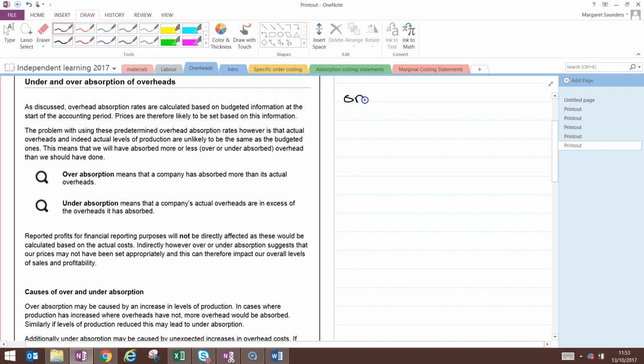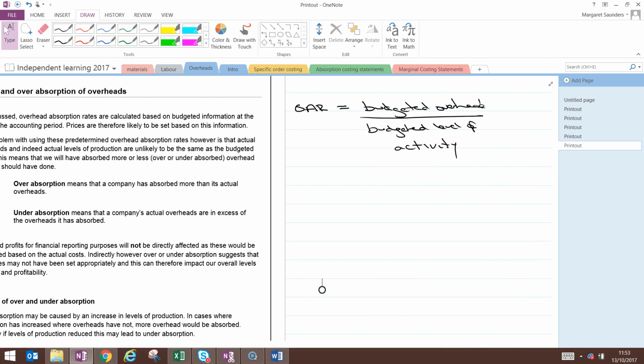So the overhead absorption rate is calculated by dividing the budgeted overhead by the budgeted level of activity, and that could be machine hours or labour hours. Those are the most common two.